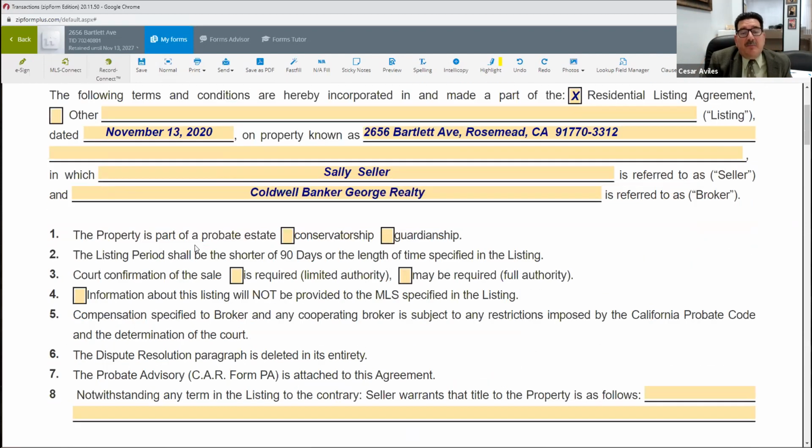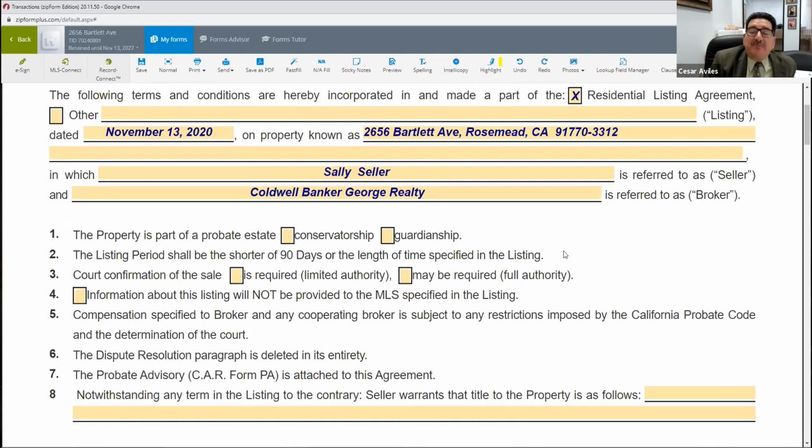And then it tells if the property is part of a probate, a conservatorship, or a guardianship. Usually a guardianship is with a minor, a person less than 18 years of age, or the property is part of a probate estate, or a conservatorship is somebody that is incapacitated, right? Now, the listing period shall be the shorter of 90 days.